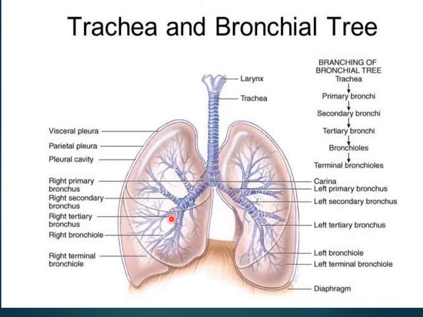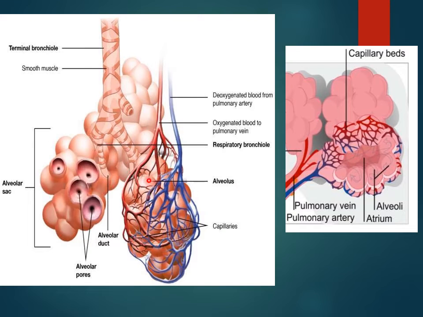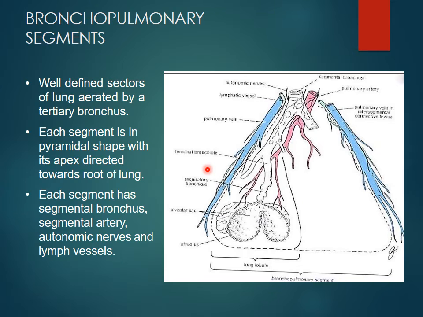These terminal bronchioles further divide into the respiratory bronchioles, which is basically where the gaseous exchange takes place, the alveolar sacs, the alveoli. We can see in this diagram the terminal portion of the whole pulmonary tree, the alveolar sacs, the alveolar pores, the alveolar duct, and these are the capillaries where the gaseous exchange takes place.